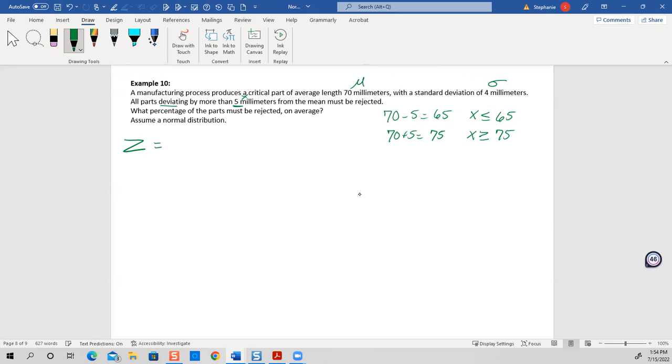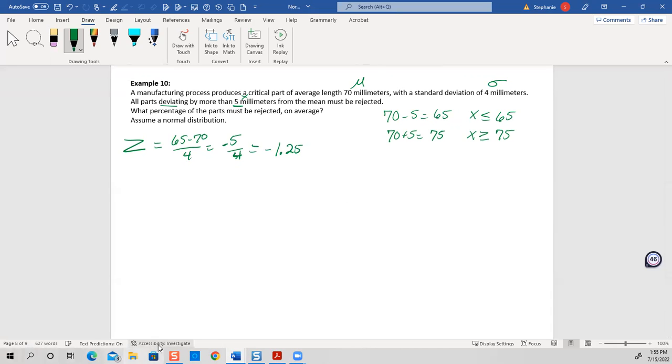So we're going to take these values. I'm going to start off with the 65, subtract it from the 70, all divided by 4. So I get negative 5 divided by 4, which gives me a negative 1.25.